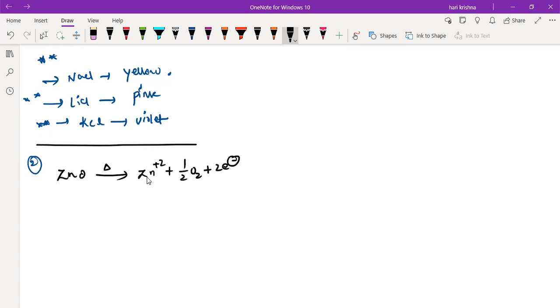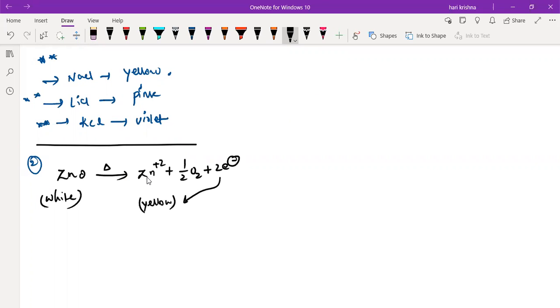These 2 electrons will also impart color. Initially, zinc oxide is white in color, but when you heat this crystal, it will change into yellow color because of these 2 electrons. So this is also considered a metal excess defect.